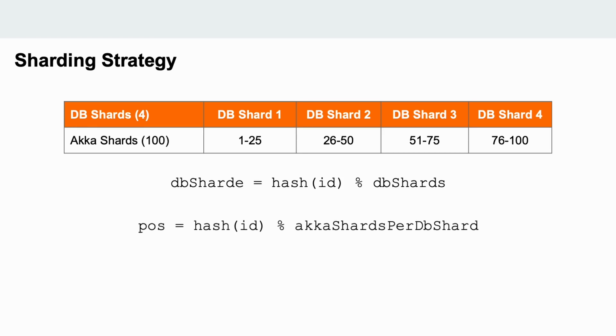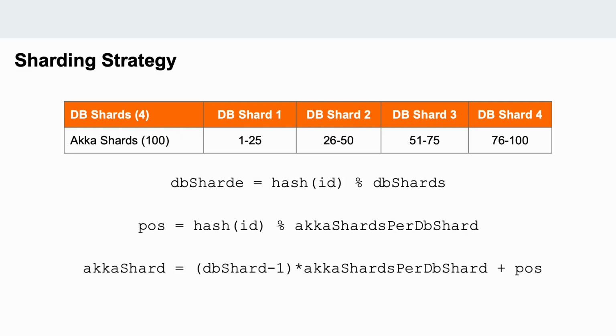And then what we do is we calculate the position in each group. So if I have a product that lies in shard 3, the first calculation will return 3, and then the second one here will just return a number between 1 and 25, because each shard maintains 25 Akka shards.